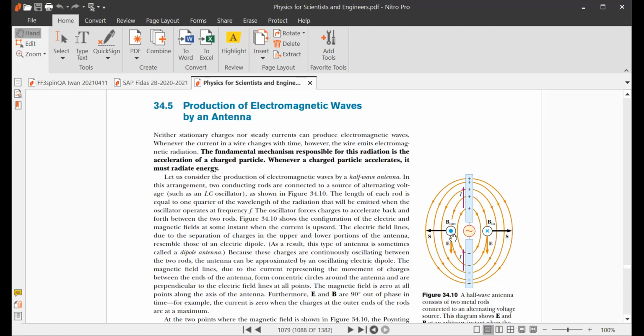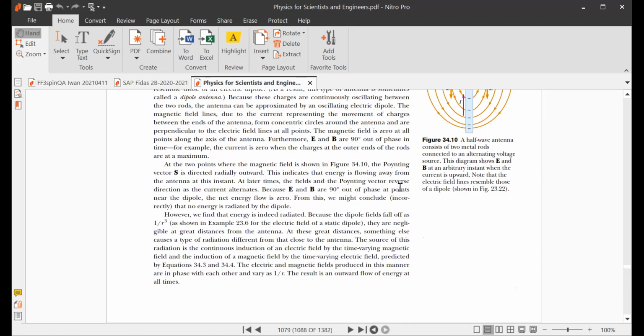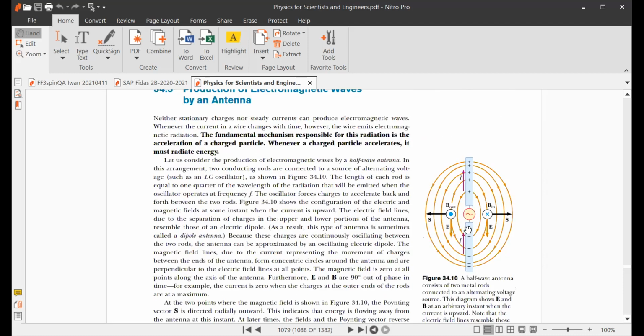So we get a B out here and B in here, and this orange line here is the electric field. So this is outside the page and this is inside the page, okay. It's like a dipole, this antenna. But we have the magnetic field component and the electric field component.